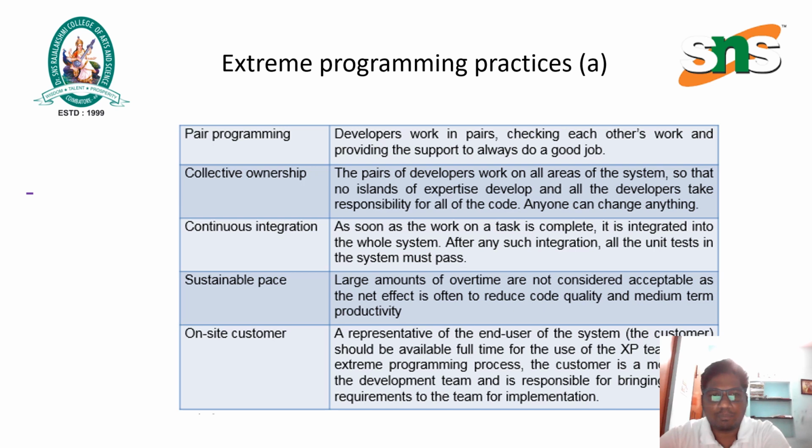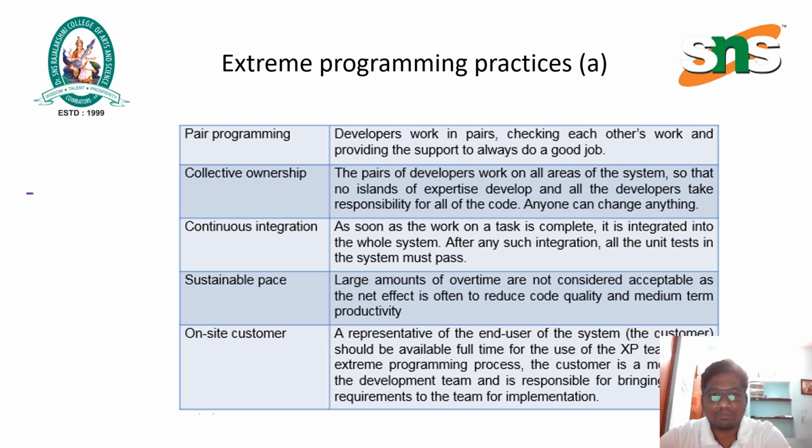Next: pair programming, collective ownership, continuous integration, sustainable pace, and on-site customer. In pair programming, developers work in pairs, checking each other's work and providing support to always do a good job.